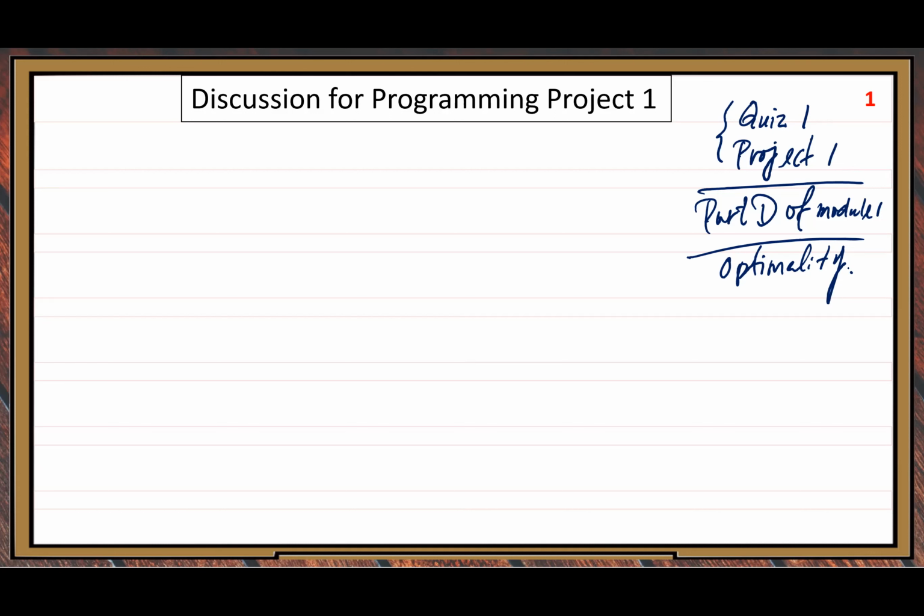So I want to wait for another class. After we complete another class, then I assign you quiz number 1. So that's the impact from part B of module 1. We used 2 class sessions to cover part B, so we need to push back our quiz a few more days.